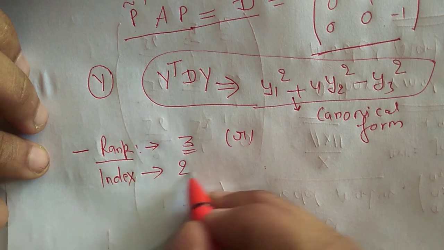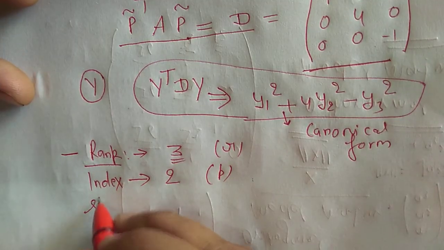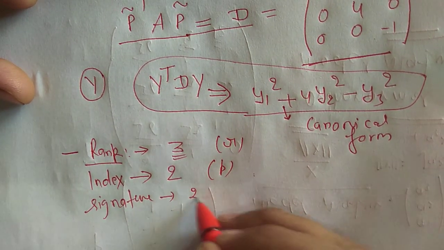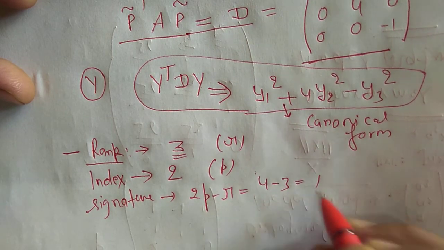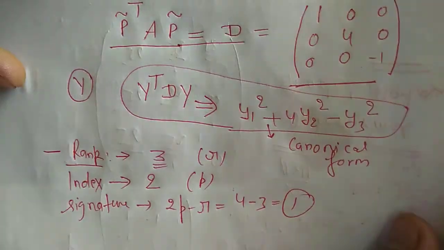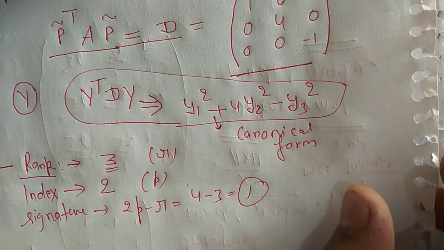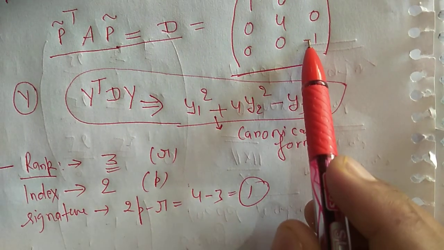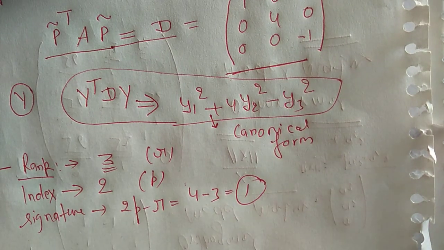So here we have 2, so that is P. And signature is 2P minus R, so 4 minus 3 equal to 1. This is also called the difference between positive and negative eigenvalues. So we have 2 positive values, 1 negative, so 2 minus 1 is 1, so 1 is the signature. Okay, thank you.